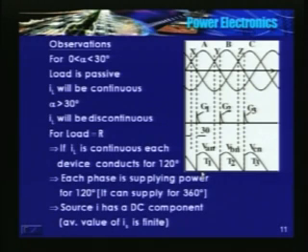So we would have a finite zero period if the load is purely resistive and alpha greater than 30 degrees. If the load is purely resistive, current is just continuous for alpha equal to 30 degrees.